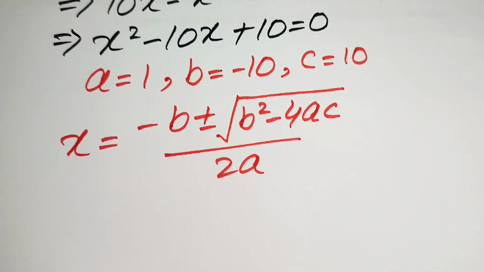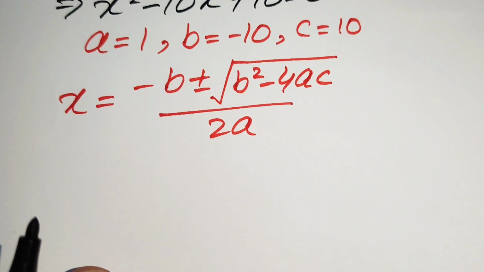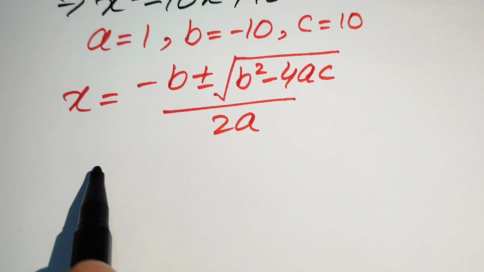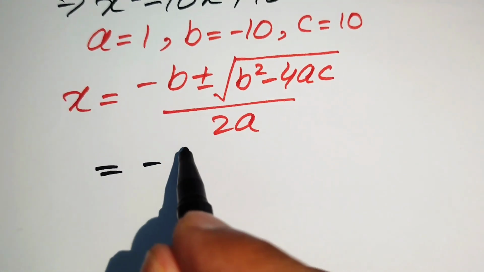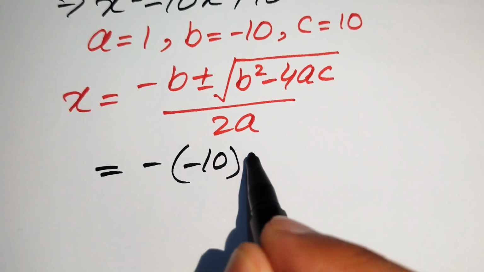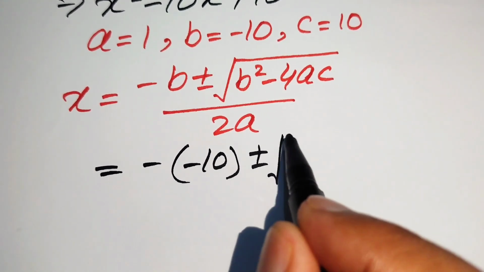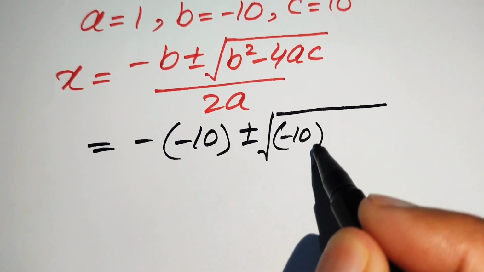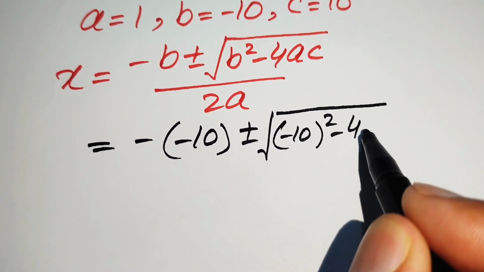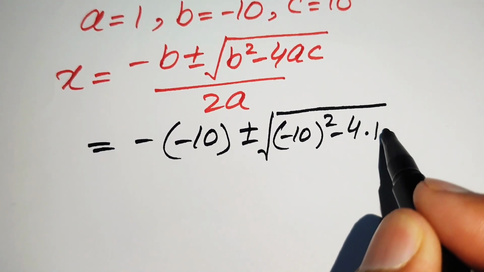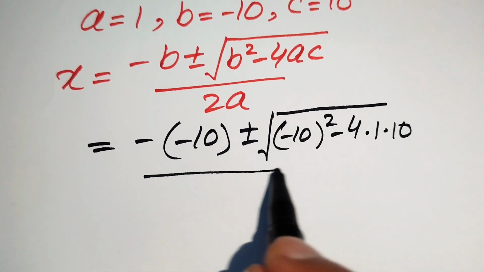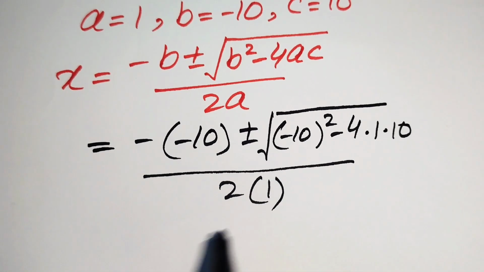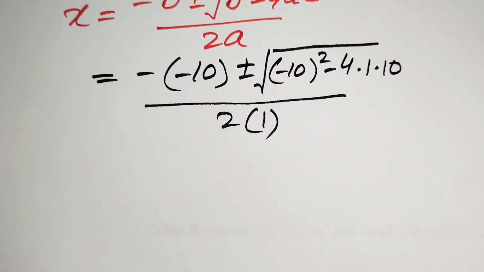Now it is time to substitute the values of a, b and c here. We substitute the above values, and it will be written as minus of minus 10 plus minus square root of b square. So b is minus 10 square minus 4 times a is 1 and c is 10, divided by 2 times a, and our a is also 1.